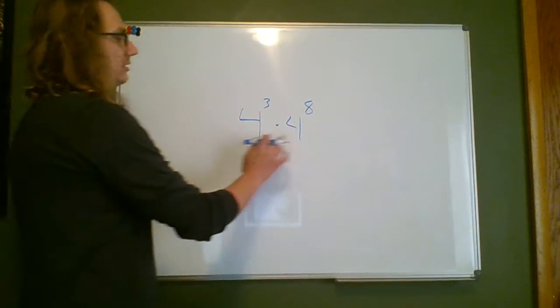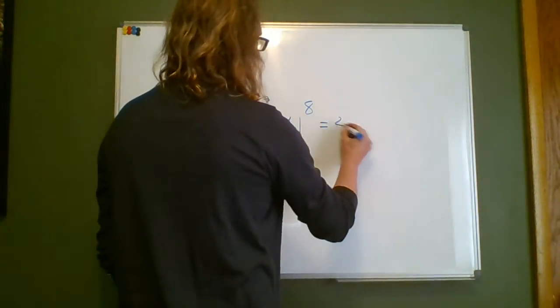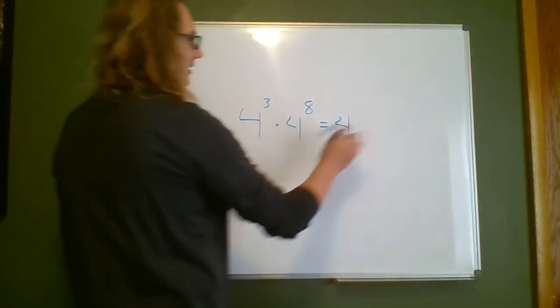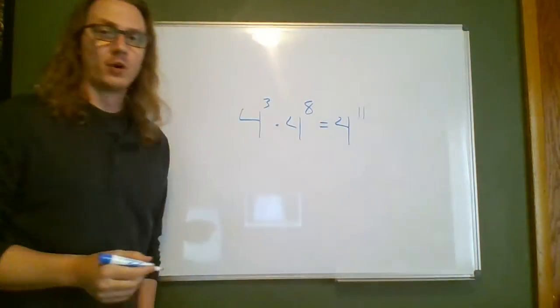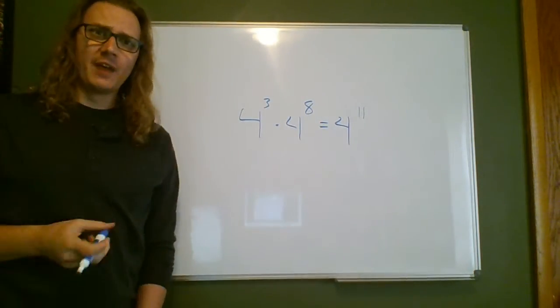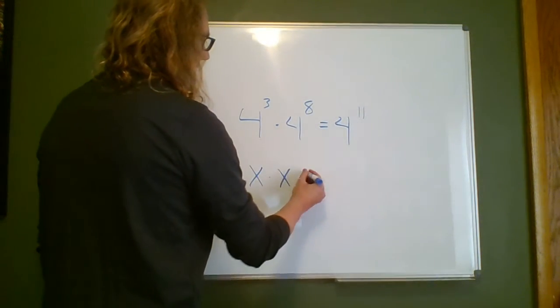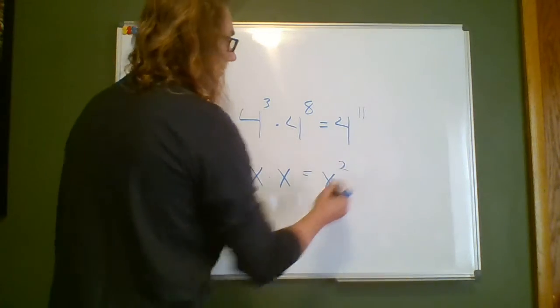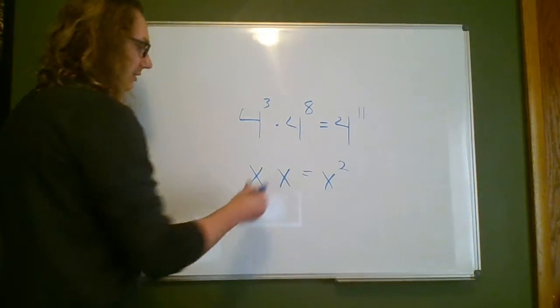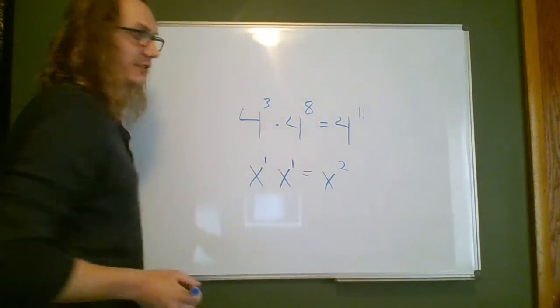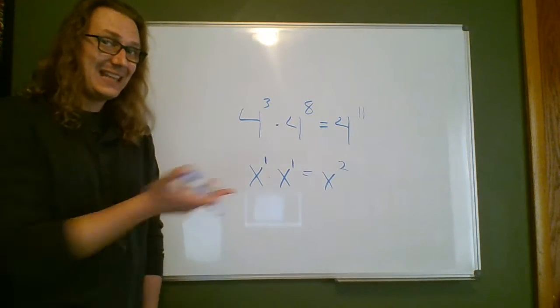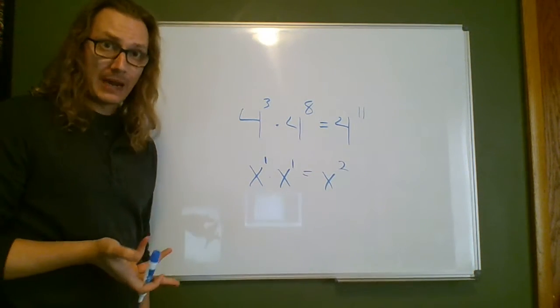So 4 to the 3rd times 4 to the 8th is going to equal 4 to the 11th power when we are multiplying like this. And we've done this kind of stuff before. Whenever you do x times x, that equals x squared. You're really adding exponents there too: x to the 1st times x to the 1st, because everything, unless we say otherwise, is to the 1st power.